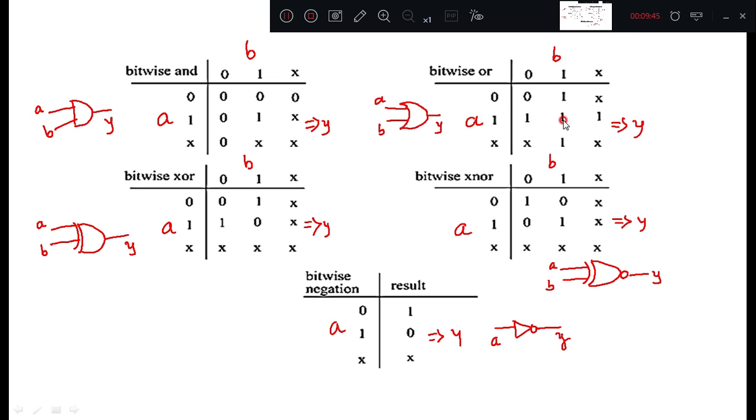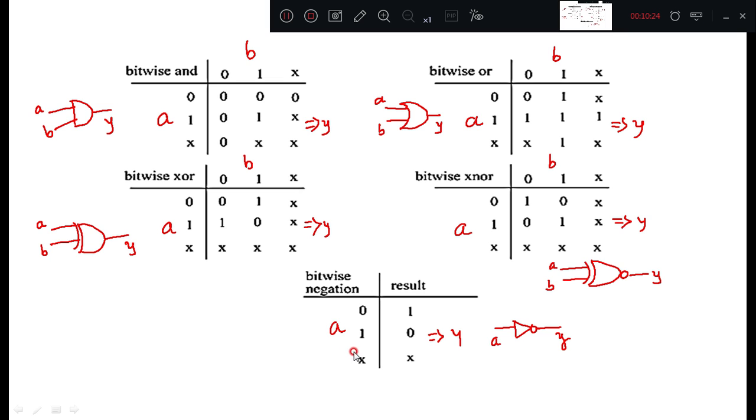A and B both 1, output will be 1. A is 1 and B is x, resolve as 1. B is 1 and A is x, resolve as 1. A is x and B is 0, unknown. When both input values are unknown, resolve it as x. So for basic gates AND, OR, XOR, XNOR, NAND, NOR and negation, the NOT gate, these tables are developed.